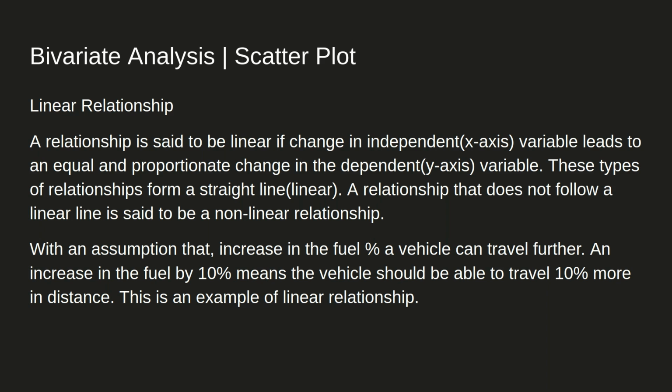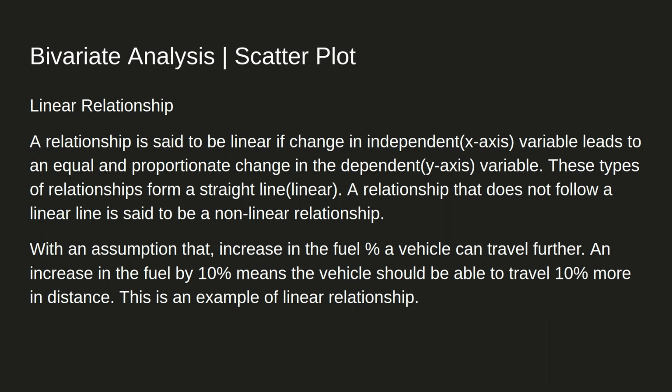If there's a change in the x-axis, then that change should lead to an equal or proportionate change in the y-axis. If that's the case, then we can say the relationship is a linear relationship. These relationships form a straight line. Linear stands for a line, so linear relationships form a straight line. A relationship that does not follow a linear relationship is what we call a non-linear relationship.